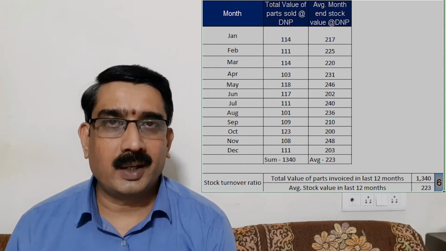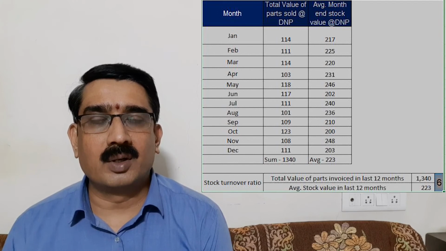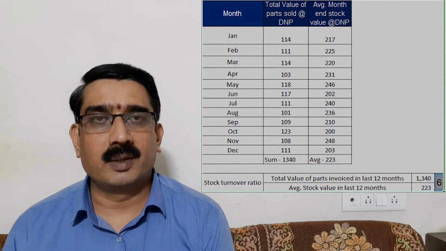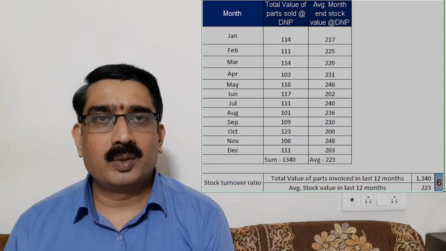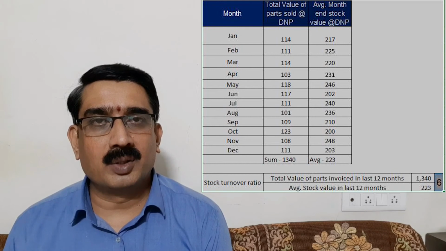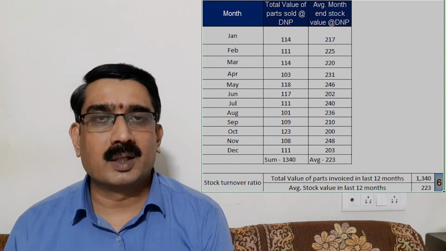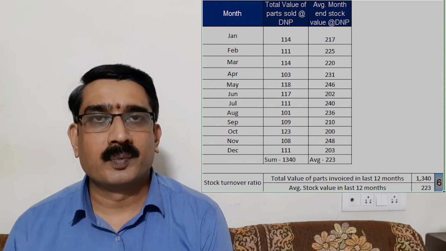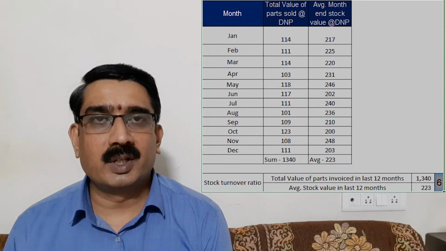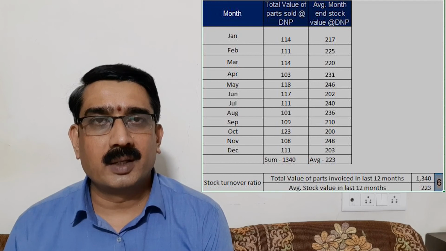When you add the value of all 12 months, we get a figure of 1340. When you take an average of the inventory value on the last day of each month, it comes to around 223. So as per this formula, when I divide 1340 by 223, we get 6.